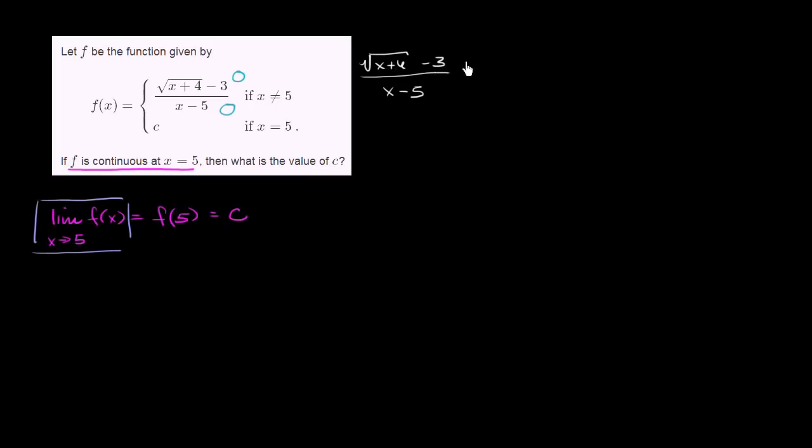So in this situation, you multiply the numerator by square root of x plus 4 plus 3 over the square root of x plus 4 plus 3. We obviously have to multiply the numerator and the denominator by the same thing so that we don't change the value of the expression.